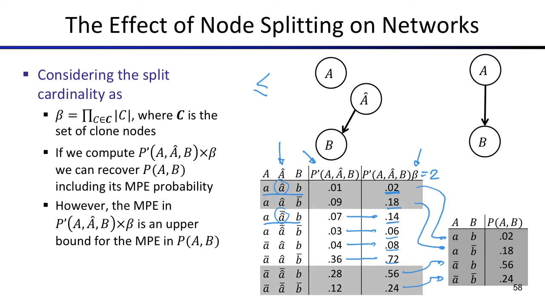So the result here is going to be 0.14, actually larger than this value here. For this entry here, we have A and not B. We're going to take this entry here that has A and not B too, and going to maximize. So it's going to be the maximum between 0.18 and 0.06, and now I keep the 0.18. That is exactly this value here.